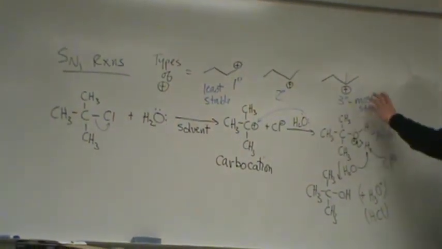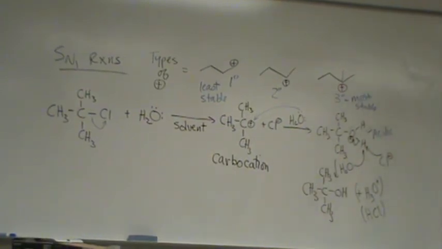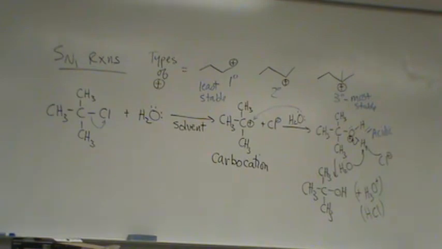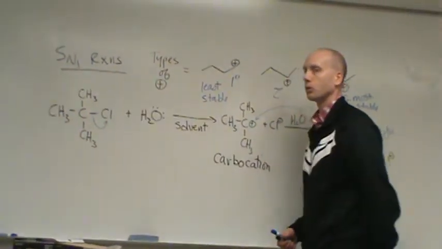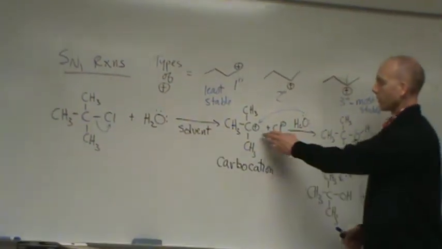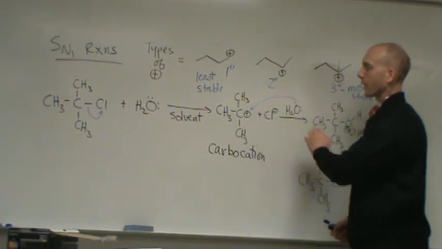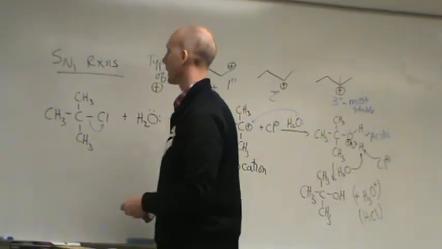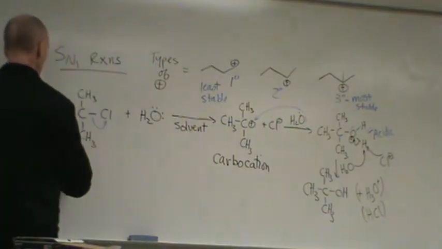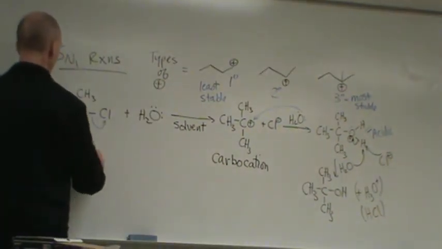So that's why the tertiary is most stable. That makes sense down below why I chose this molecule, doesn't it? Because I get a tertiary carbocation. So SN1 reactions work best for what? Tertiary alkyl halides.